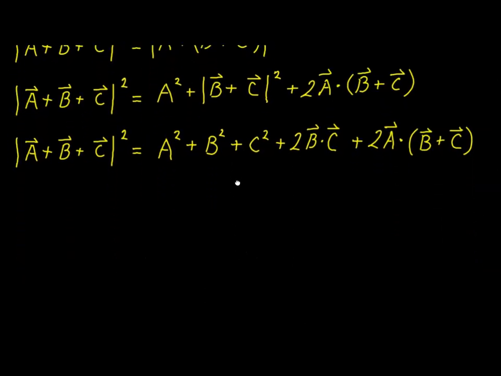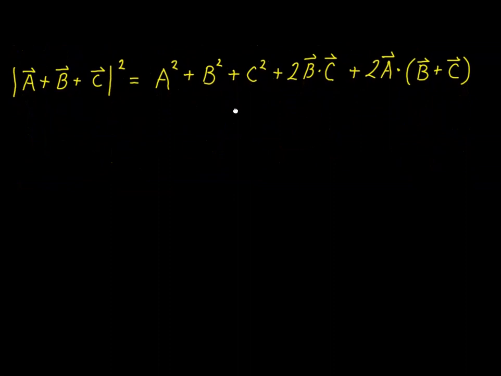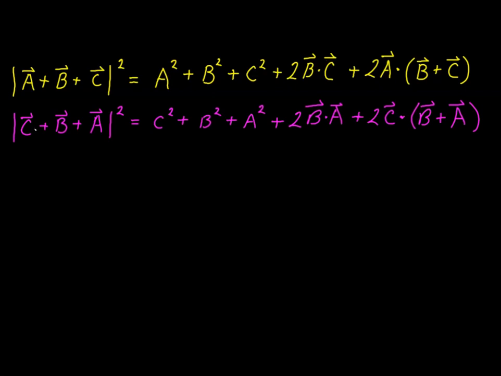Okay, now having done this, we'll make note of the fact that this was done for an arbitrary set of vectors, a, b, and c. So it's a relationship that's true for any three vectors. So I could simply swap the values of a and c to come up with an expression that gives this to us.